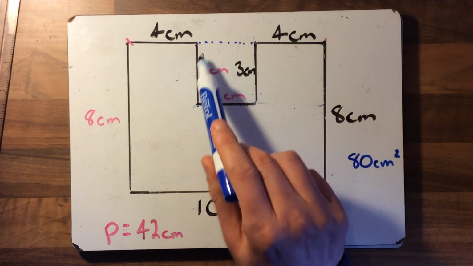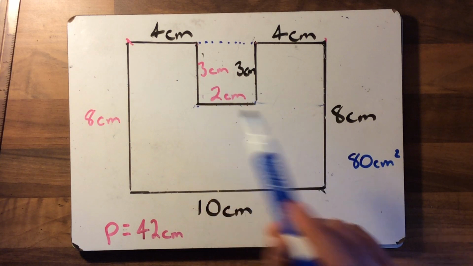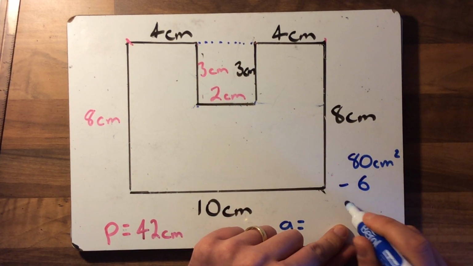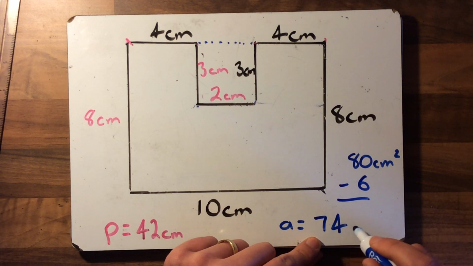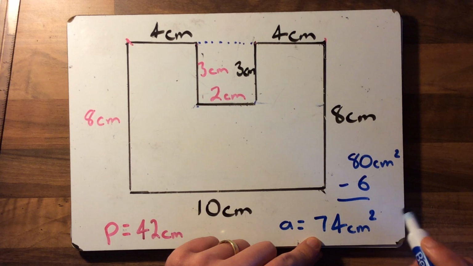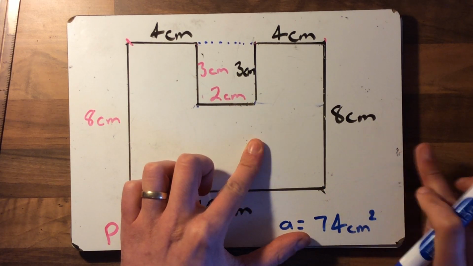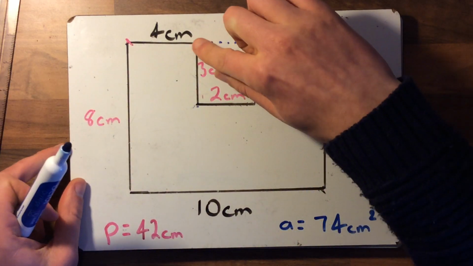But we have to take away this smaller shape here, don't we, which is 2 times by 3, which is 6. So we'd have to subtract the 6 to get us to an area of 74 centimetres squared. So can you see how it's quite an efficient method, that one, year 6, by boxing it out and making it a full rectangle, just taking away this one.